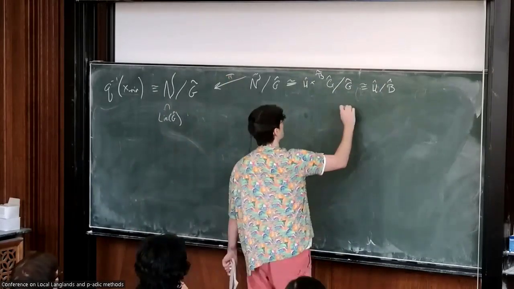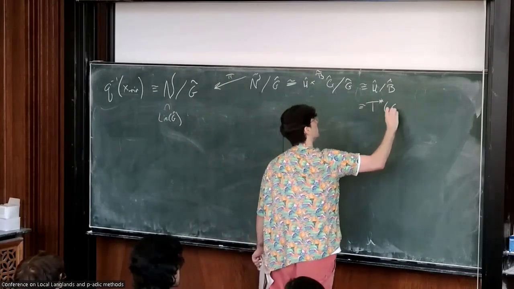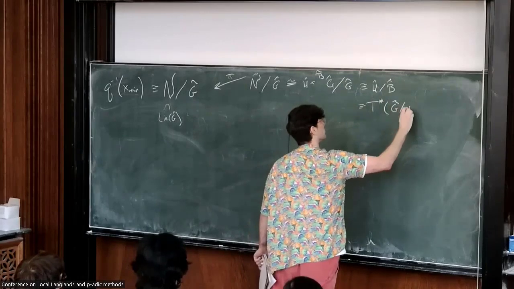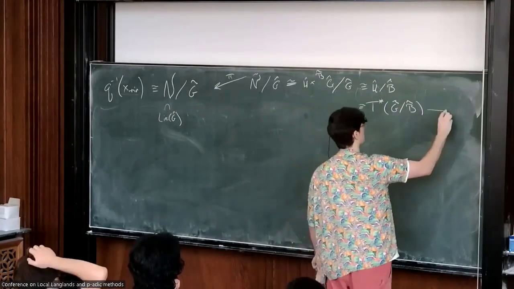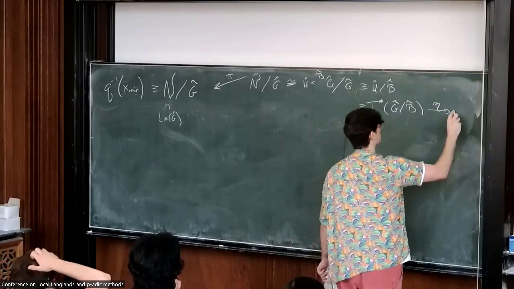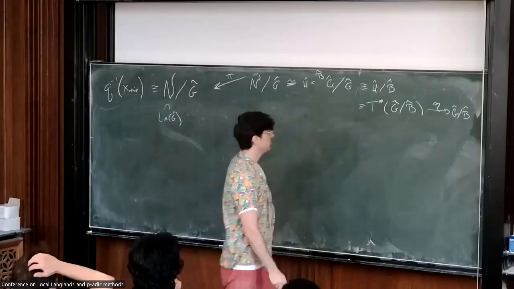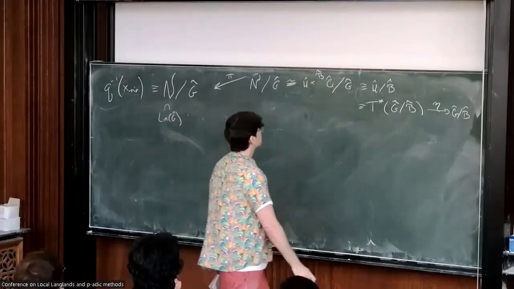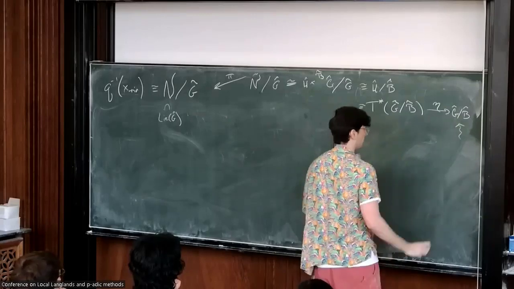And yet another way to think about this is as the cotangent bundle of the flag variety for the dual group. And so from that point of view, it has a canonical map eta towards the flag variety. Okay.